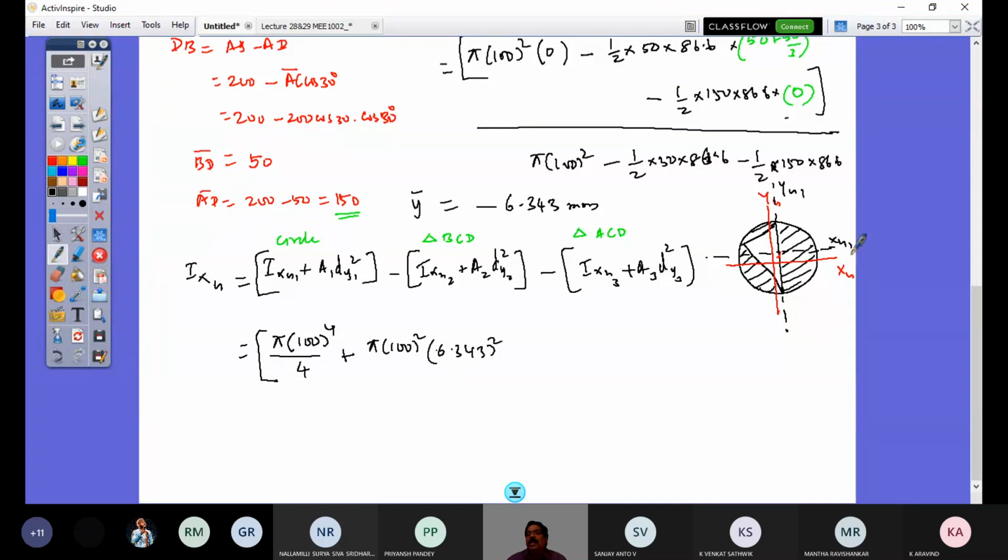I just take this distance here. It would be clear. Is that clear here? What is dy1? dy1 is the distance between the xg1 axis and the xg axis. We just calculated it as 6.343, and that I have taken. So that is the second moment of area of the circle about the xg axis.